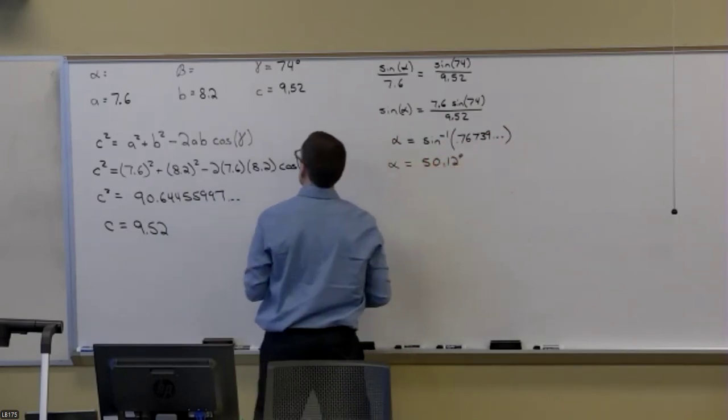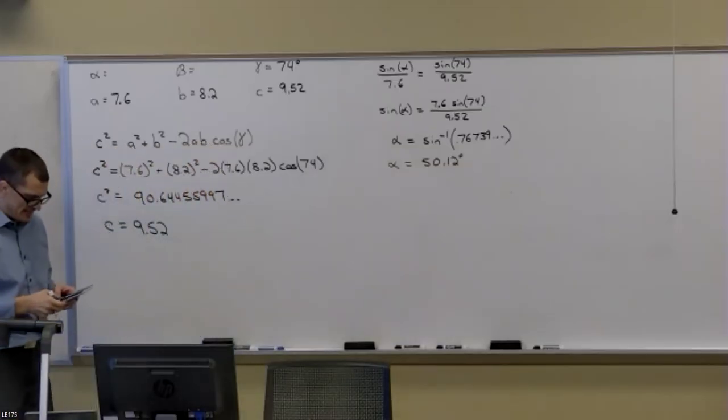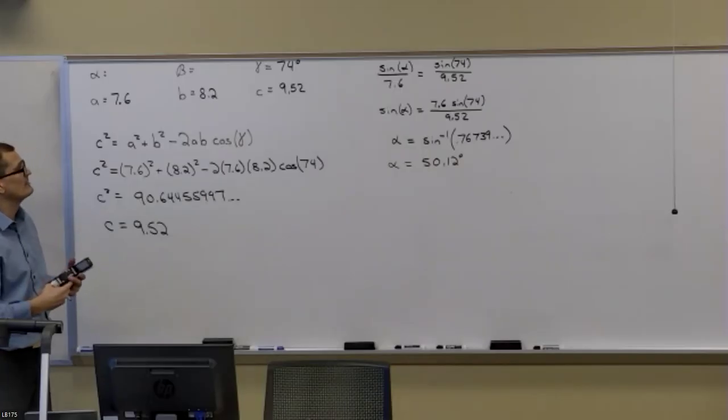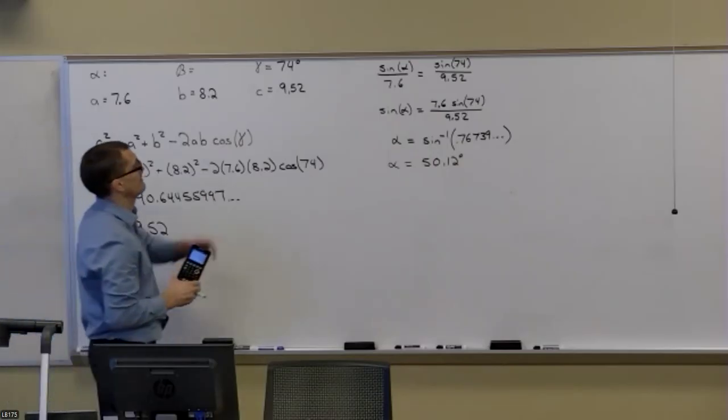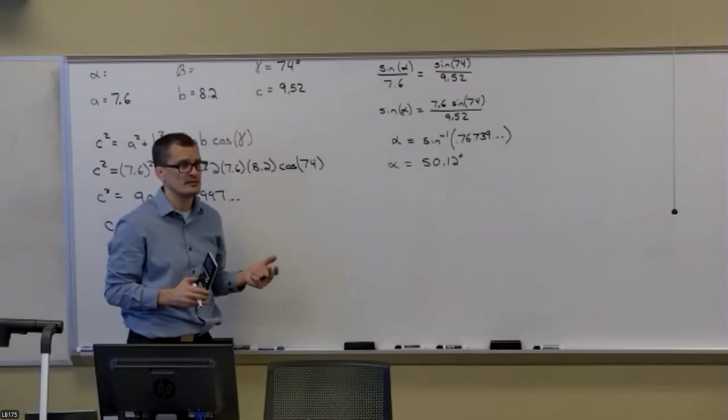50.12 degrees. Okay. Now, if I look at the supplementary angle of that, I get 129, and 129 and 74 are going to add up to too much. Does that make sense?